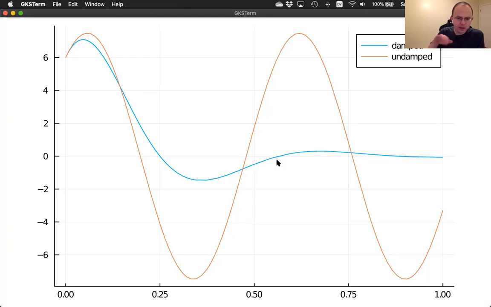The blue one oscillates back and forth but gets damped, whereas the undamped version just continues to oscillate forever between those two values of 2 root 14 up here, and negative 2 root 14 there. Okay, so that's the plot. It's good to verify how that looks.